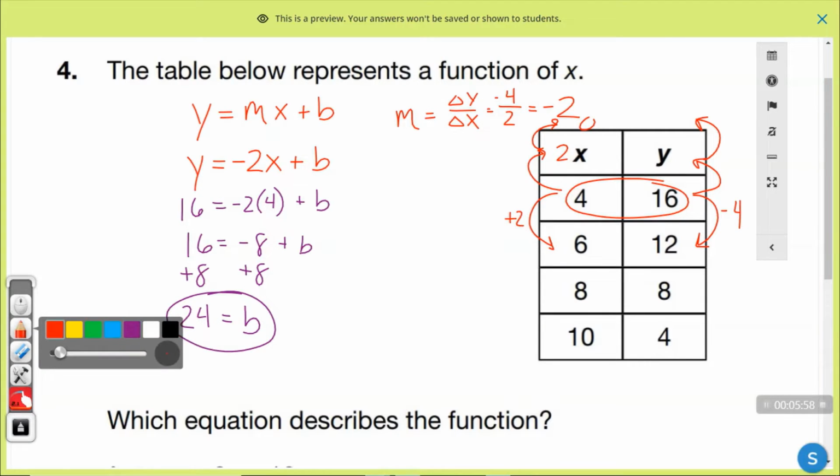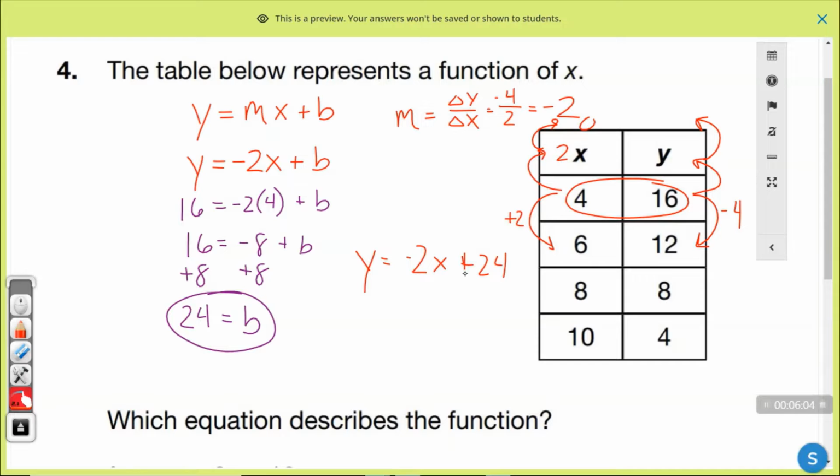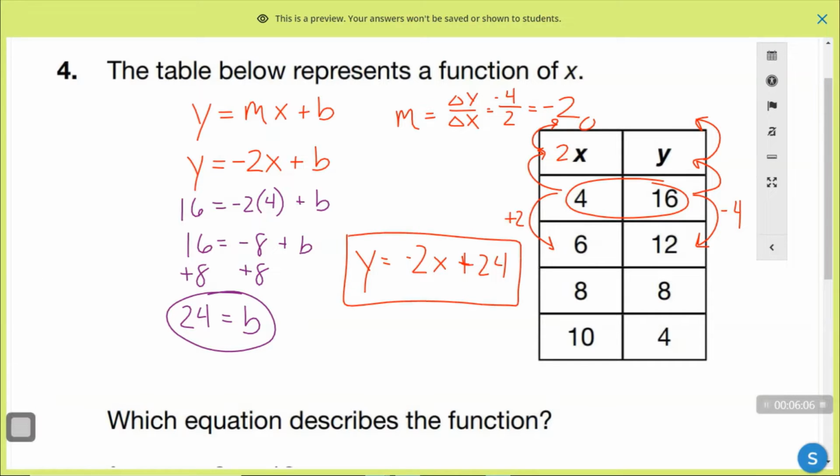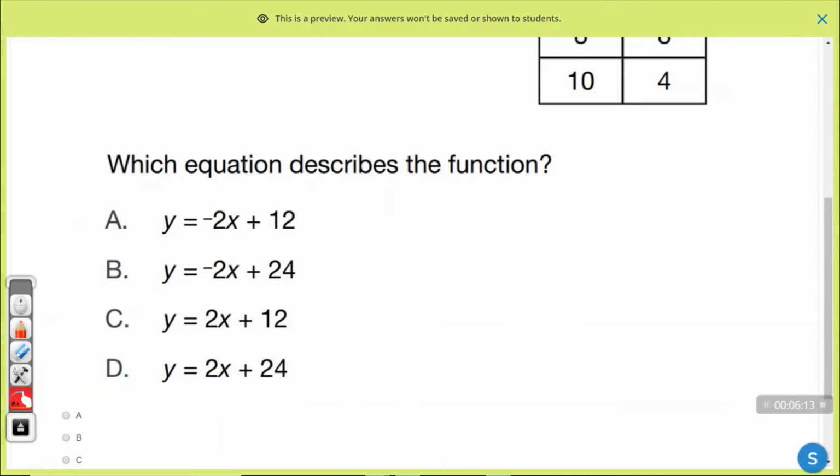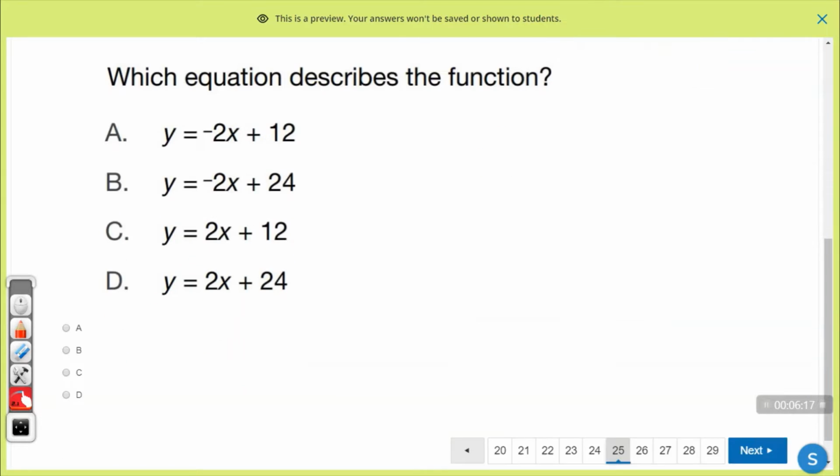Now that I know that, I can rewrite my equation saying that y equals negative 2x plus 24. All right, and that's the equation that I'm going to look for down below. Now let me slide down and look for that. And I can see there that that is option B for me, negative 2x plus 24.